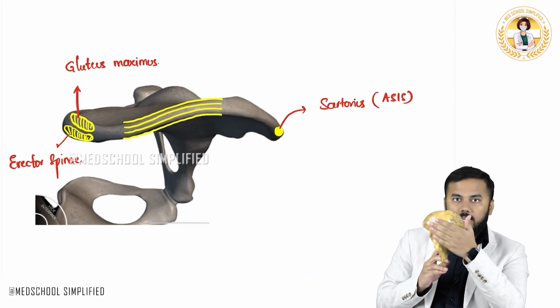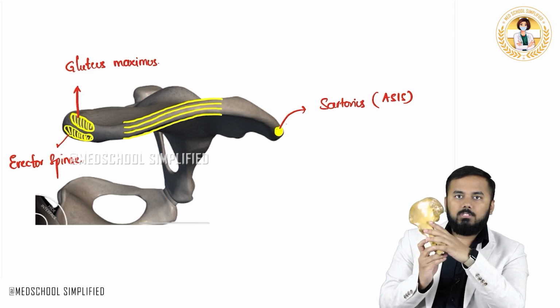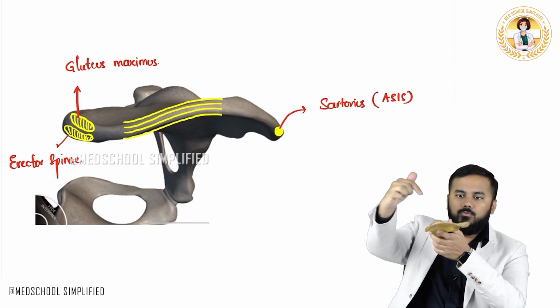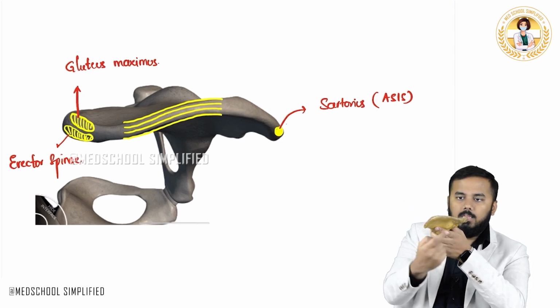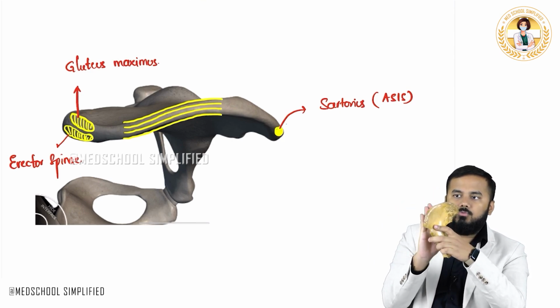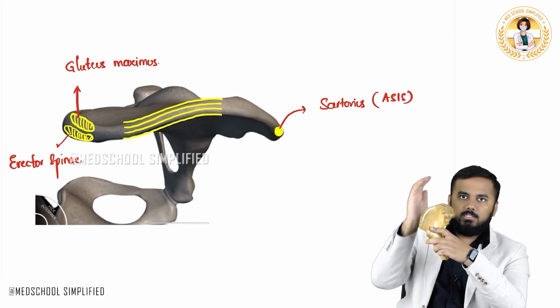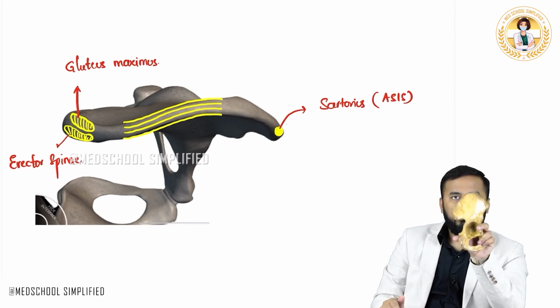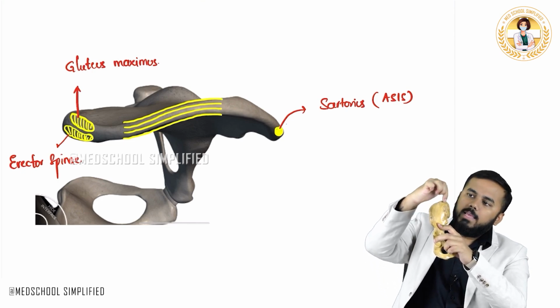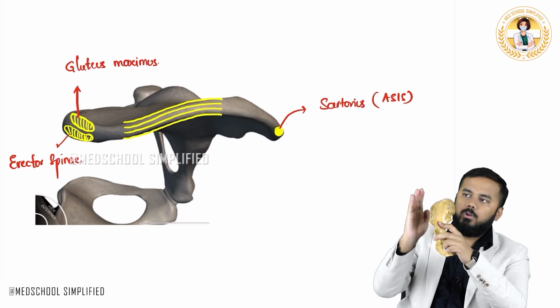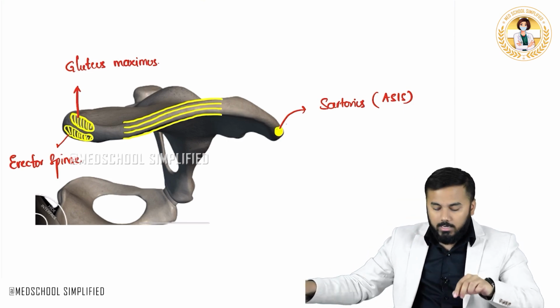I told you this is your inner surface and this is your outer surface. When I'm projecting it like this, from here I've started 1, next 2, 3, and here 4. It means from the outer surface I am coming to the inner surface.